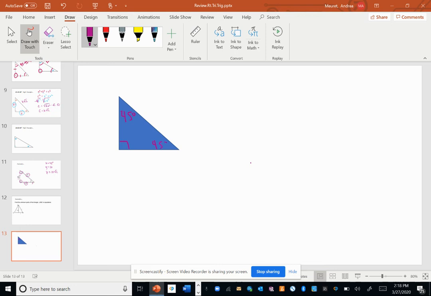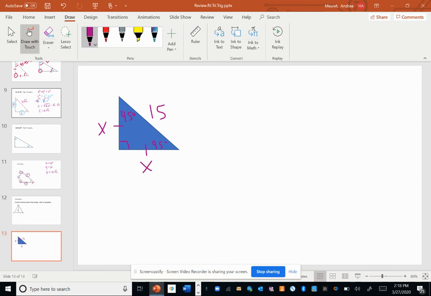Let's say the only thing I know about this right triangle is the length of the hypotenuse. So I'm just going to say the hypotenuse has a side length of 15. So how can I find the legs? Well, if I know that these are going to be the same, then they're both equal to x.